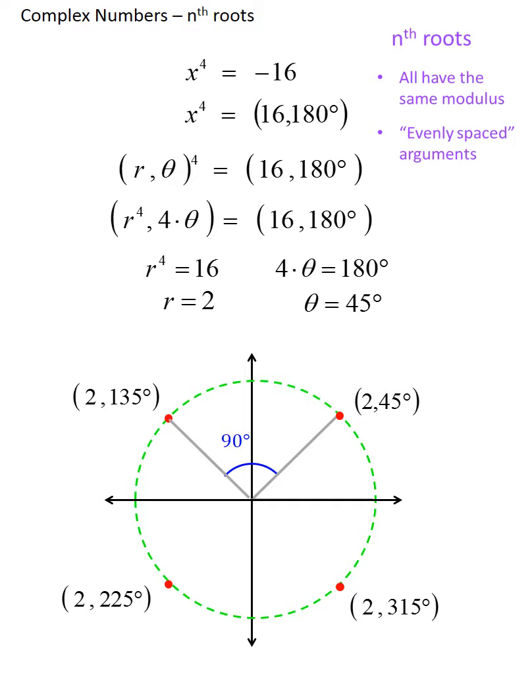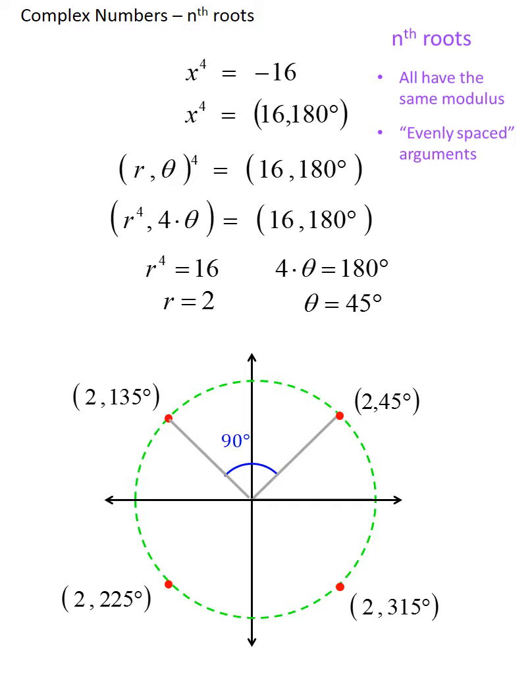So in one sense, I'm done with this problem. There are the 4 fourth roots of negative 16, but again, as tradition would have, we like to express our solutions in rectangular form whenever possible.